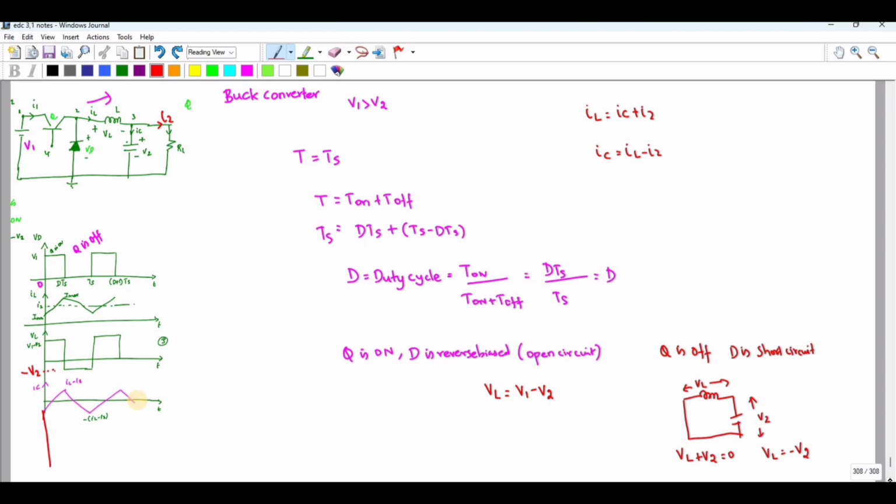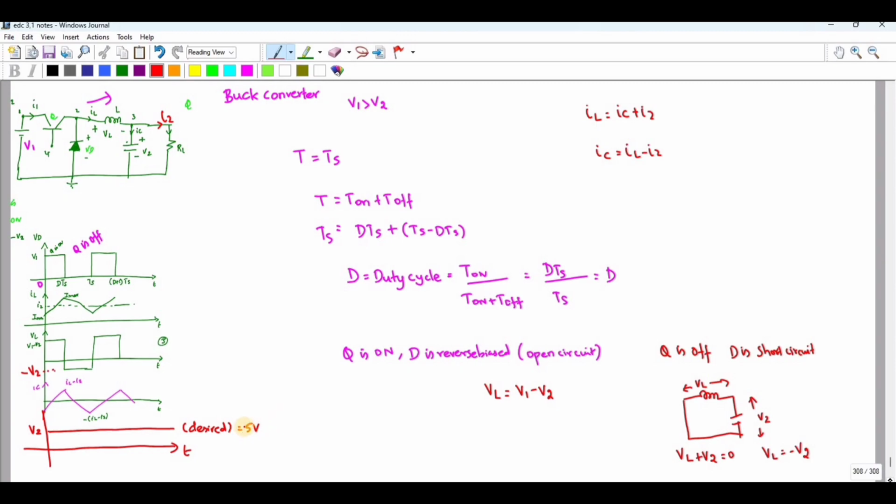Let me assume this is my desired voltage. I need to get a constant value across V2. Let me assume it is around 5 volts. If I give 6 to 7 volts, I need to get 5 volts.